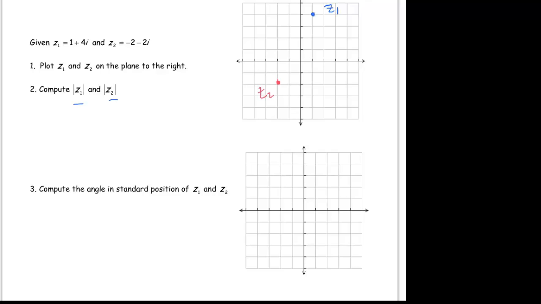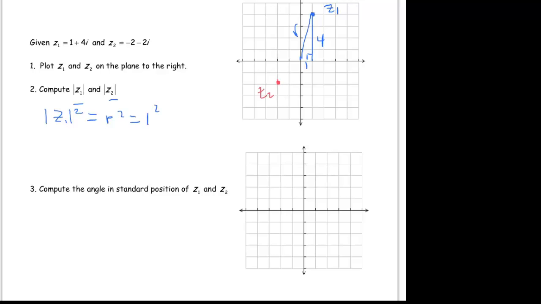And so now to find the absolute value of z1, well, we make our good old right triangle. It's not the best right triangle, but hopefully yours is better. We know that's a 1, that's a 4, and so our r here, or our hypotenuse, I can call it r, that would be r squared, and I can just use the Pythagorean theorem.